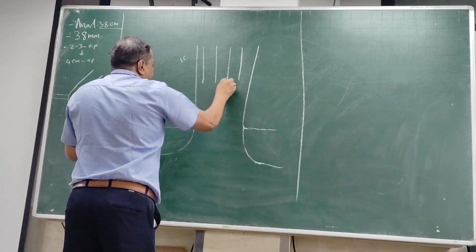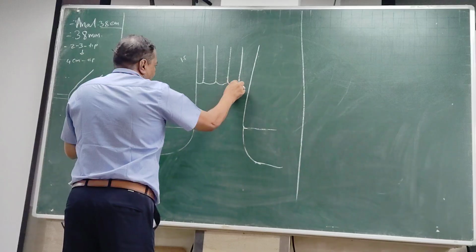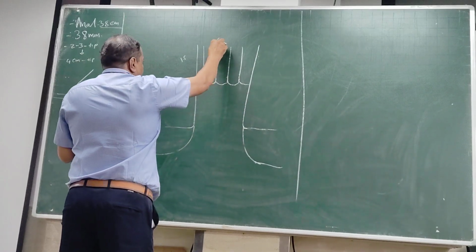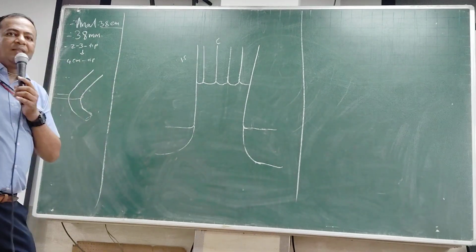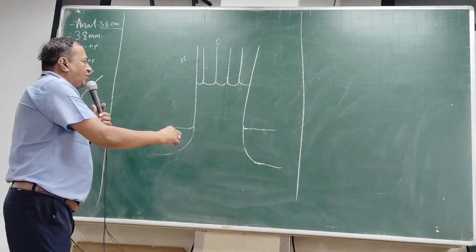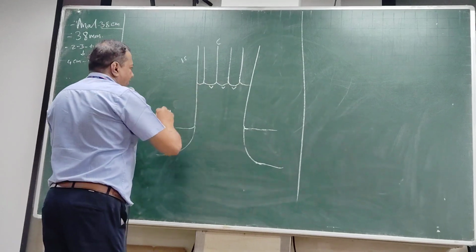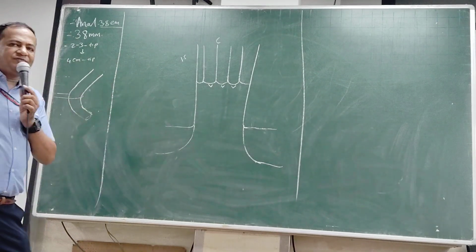That mucosal part has anal columns. The anal columns are united at the lower end with each other by anal valves.